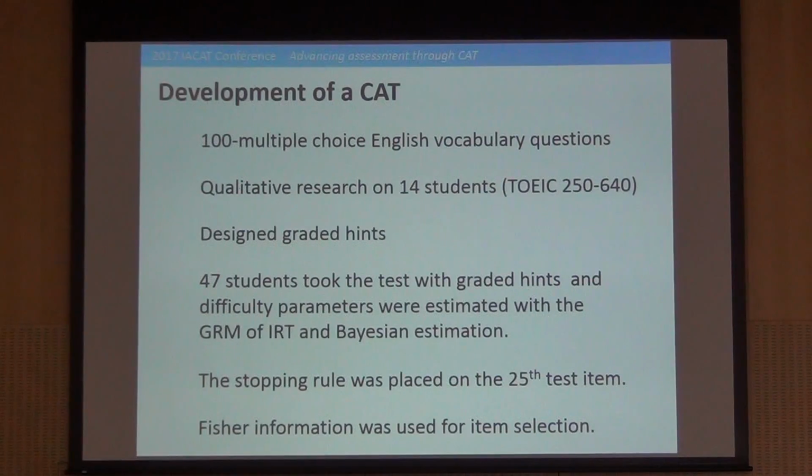We did this to find out what difficulties they have while working on the test and what feedback or mediation we can offer to guide them to the correct answer. Based on this qualitative research, we designed the graded hints. Again, 47 students took the test with graded hints and the difficulty parameter was estimated. The stopping rule was placed at the 25th test item. Fisher information was used for item selection.